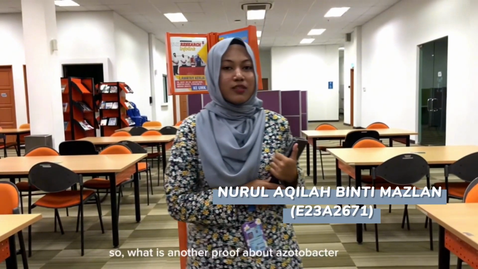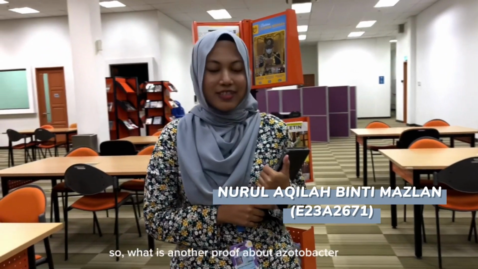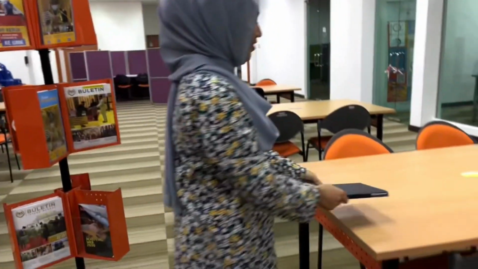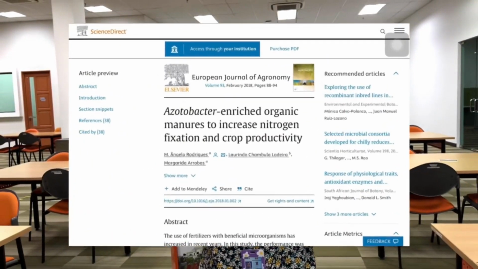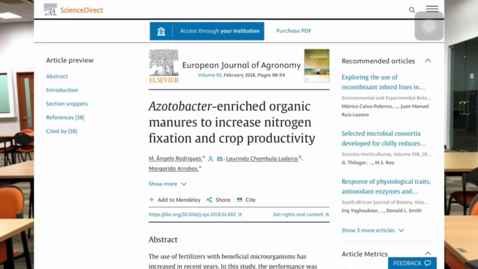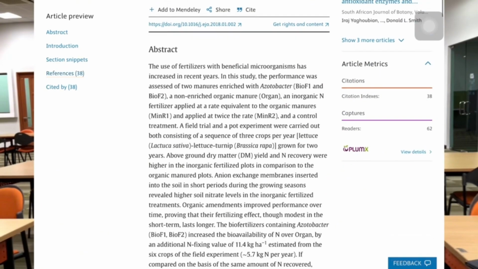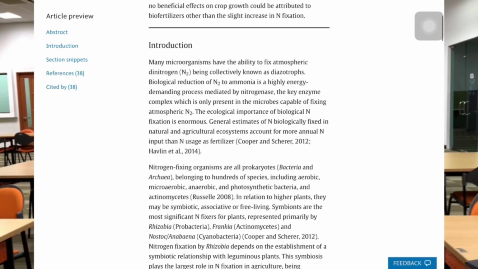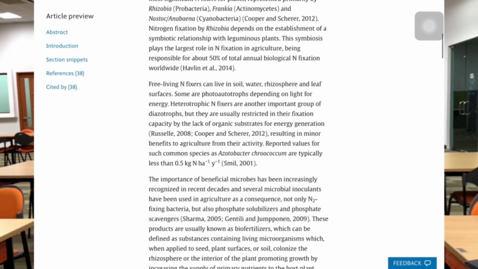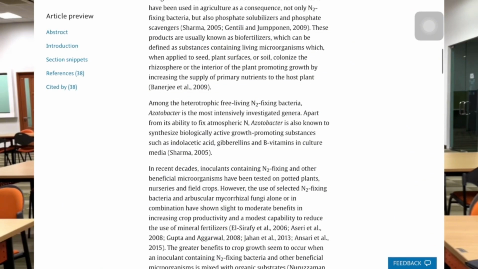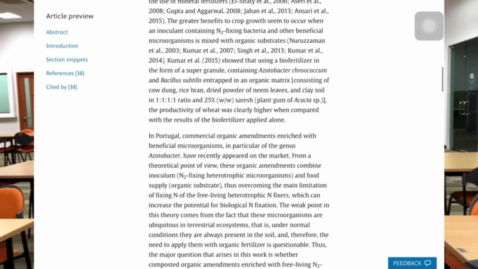So, what is another proof about Azotobacter in natural resources? Here is a published paper from around 2018. This paper stated that Azotobacter provides a long-term fertilizing effect of organic amendments and a potential increase in nitrogen fixation.